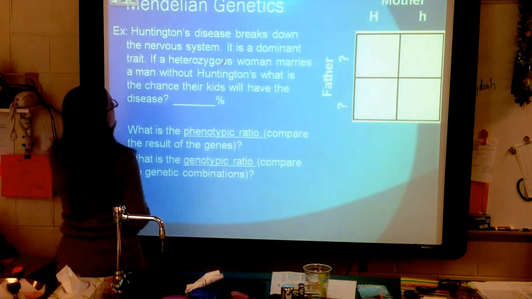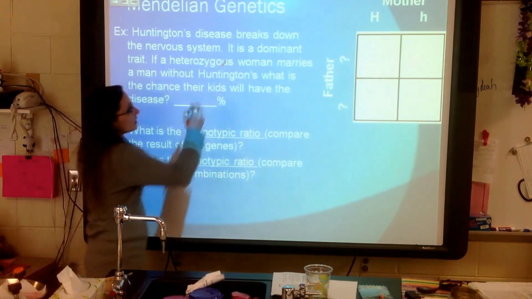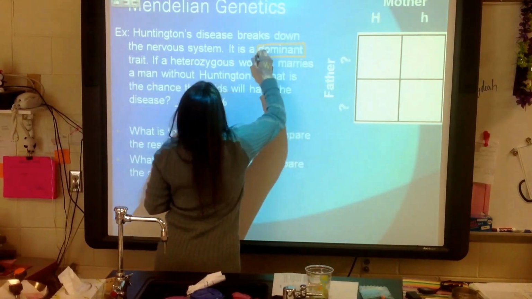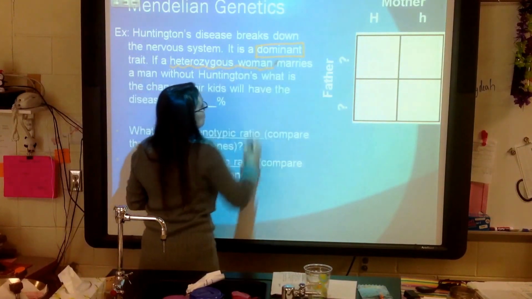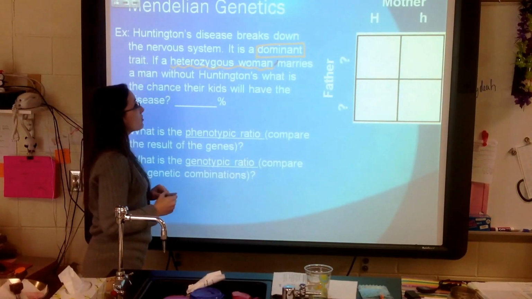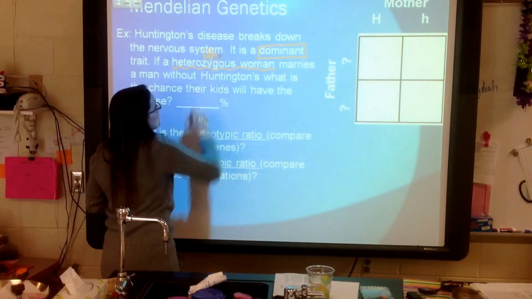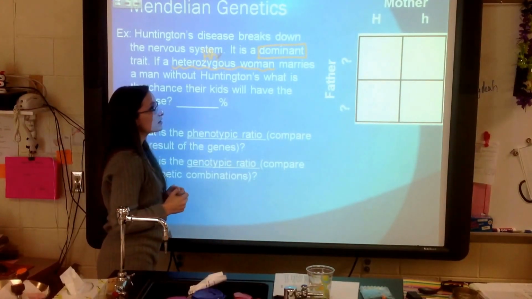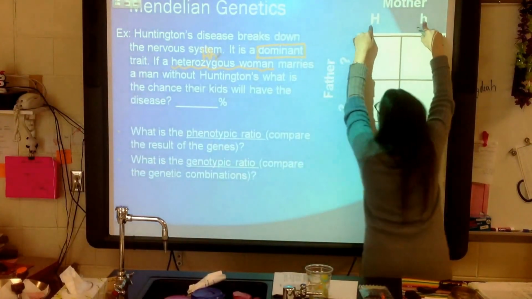So here's an example. Huntington's disease breaks down the nervous system. It is a dominant trait. If a heterozygous woman, now remember, the only way to be heterozygous is to have 2 different alleles. In this case, a dominant and a recessive. So here's the mother. She's heterozygous.